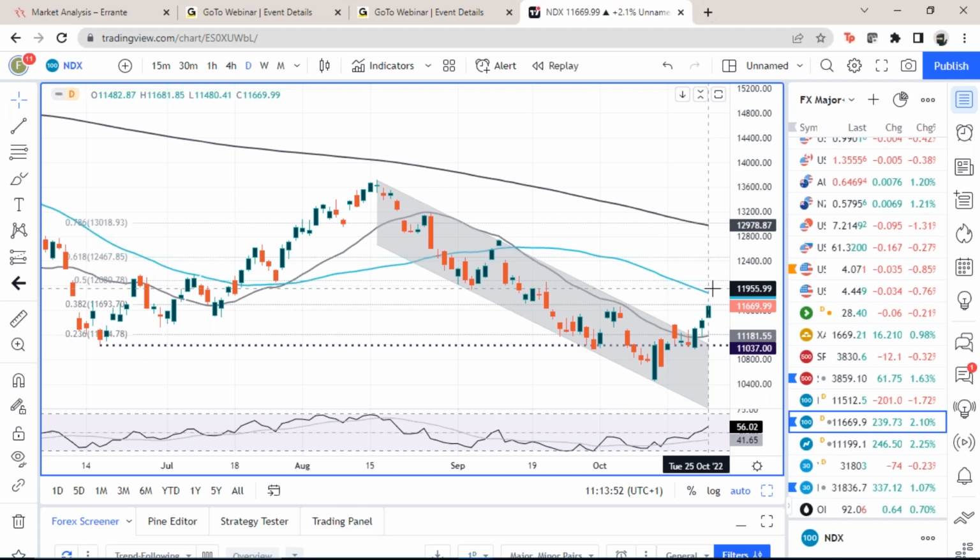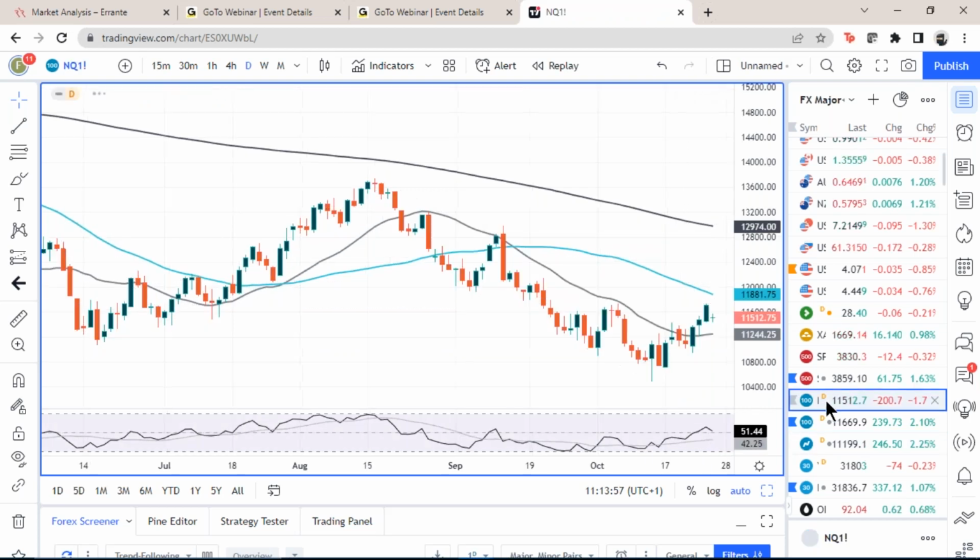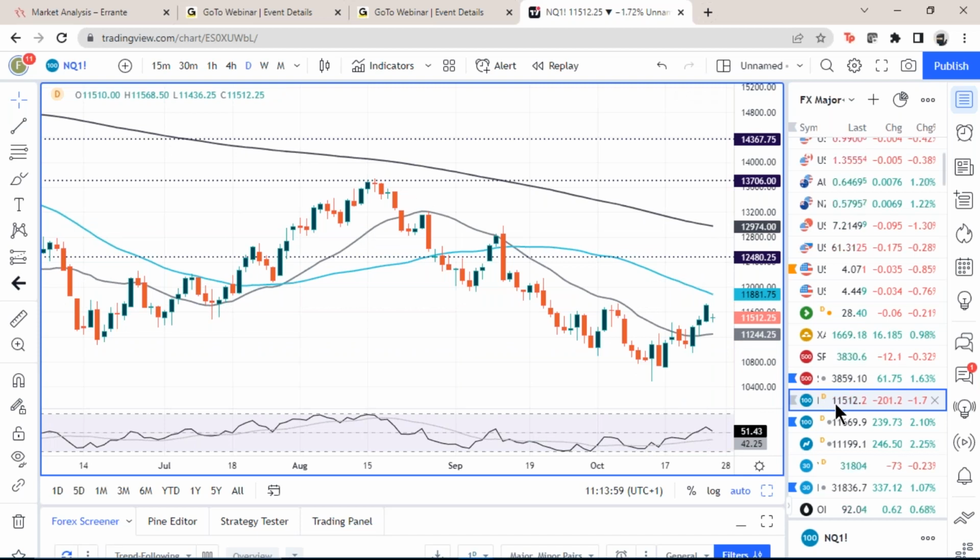Although you can see the futures were actually down 1.7% after disappointing releases from Alphabet and from Microsoft, so potentially a tough day in tech stocks especially.